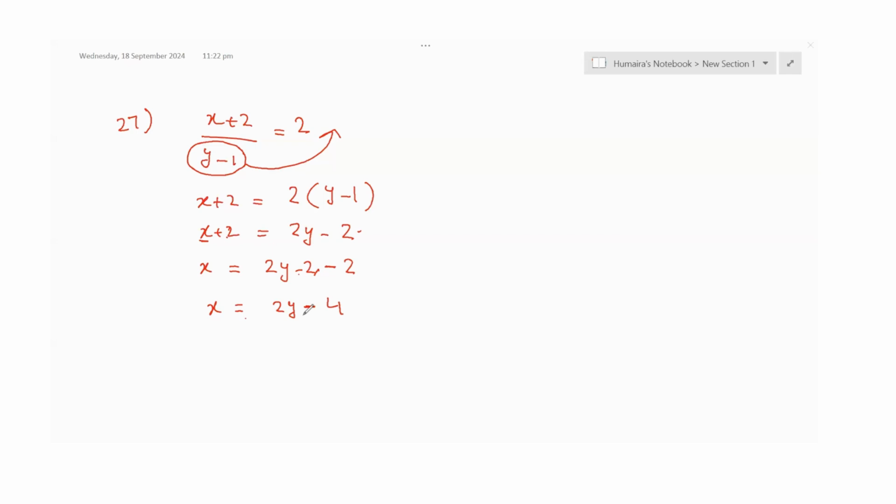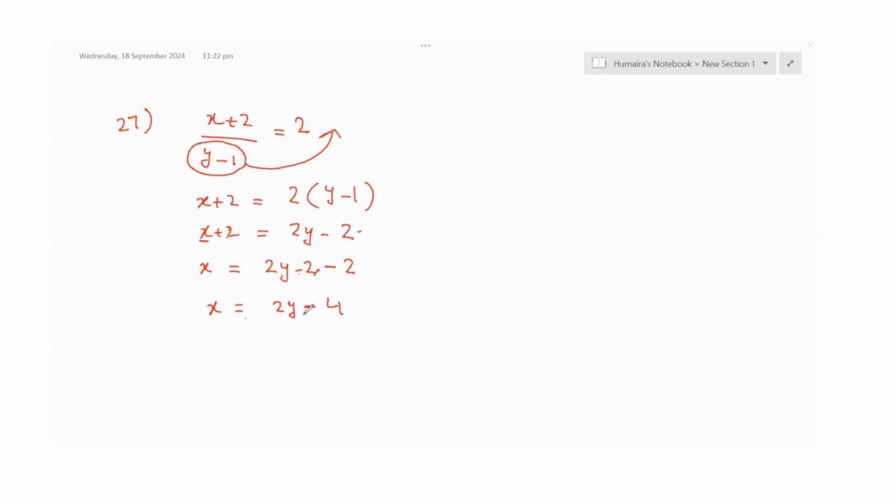Okay, so let me see if I understand. You have to bring the y minus 1 to the 2, which makes it x plus 2 equals 2 divided by y minus 1. So then you multiply, sorry, multiplying 2 with y minus 1, which gives you x plus 2 equals 2y minus 2.